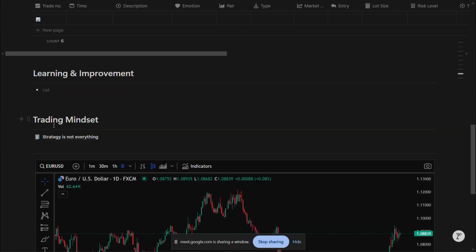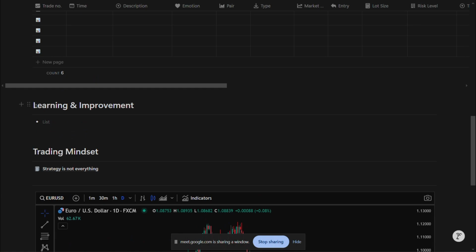For trading mindset, you learn how to think like a proper trader, on how to execute trades and how to think about probabilities. And for learning and improvement, here are the mistakes that you make frequently. Let's say you trade based on emotion, so how can you improve that?